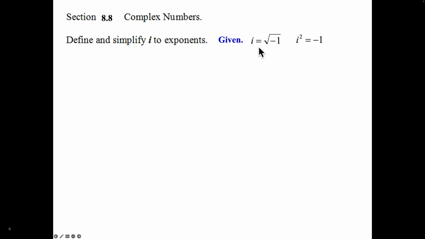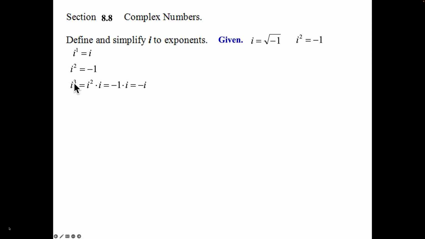Now, I is equal to the square root of -1, and i squared is equal to -1. I should never be written to a power because we're always going to be able to simplify it. So what I'm going to do is create my imaginary i chart. So i to the first is i, i squared is -1.